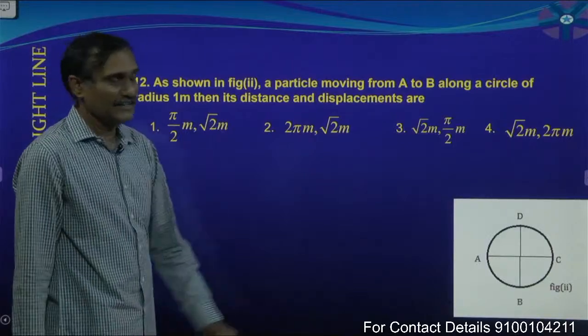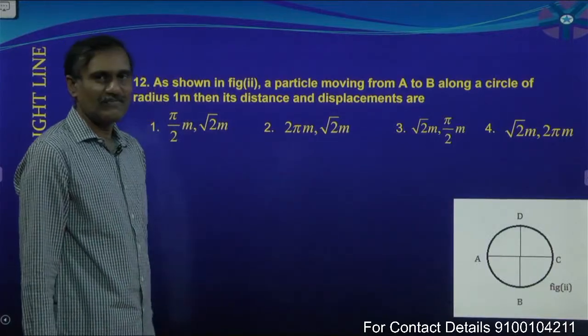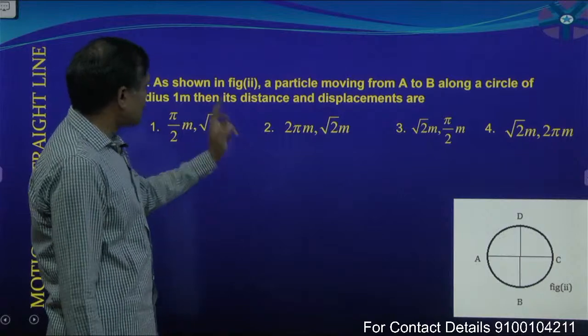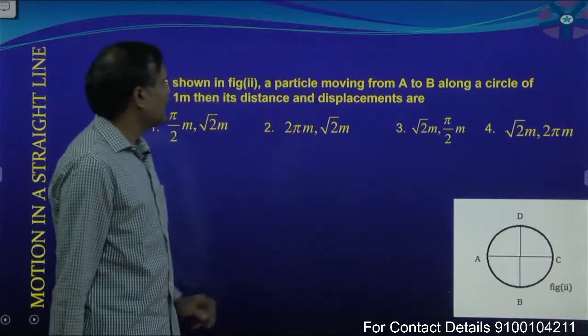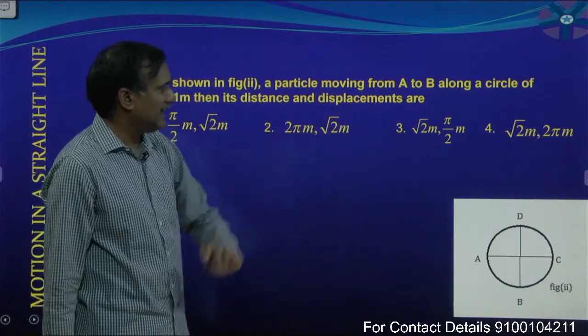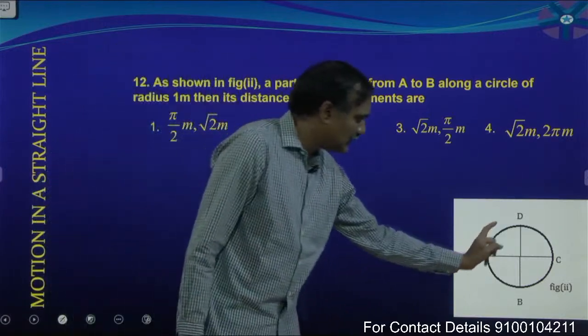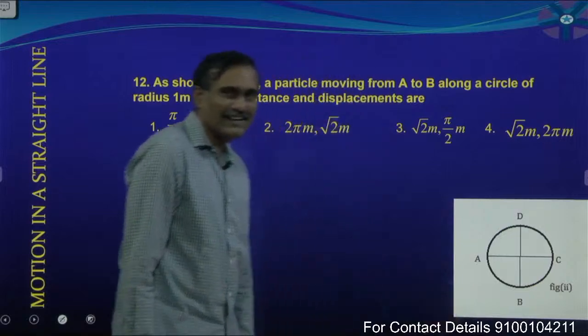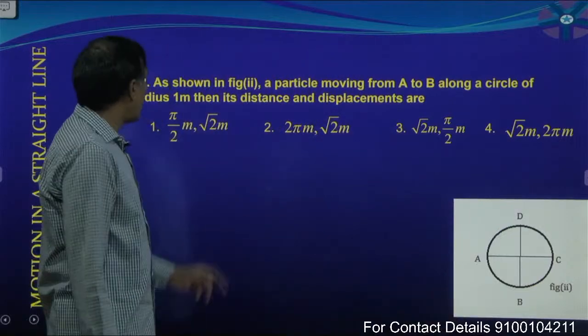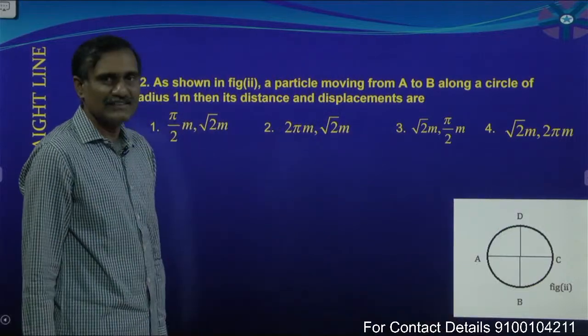Observe this diagram. As shown in this figure, a particle is moving from A to B along a circle of radius 1 meter.